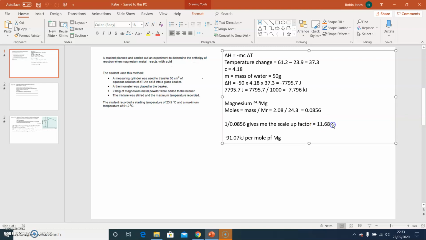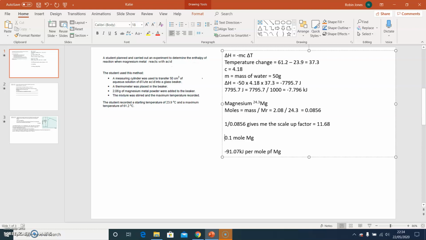Let me just break out for a minute for people that don't understand that. If I had 0.1 moles of magnesium, that's 1/10 of a mole. So if the amount of energy given out was for 0.1 moles of magnesium, it would be 1/10 of a mole. Now in your head you think 1/10 of a mole, 1 mole would be 10 times bigger.